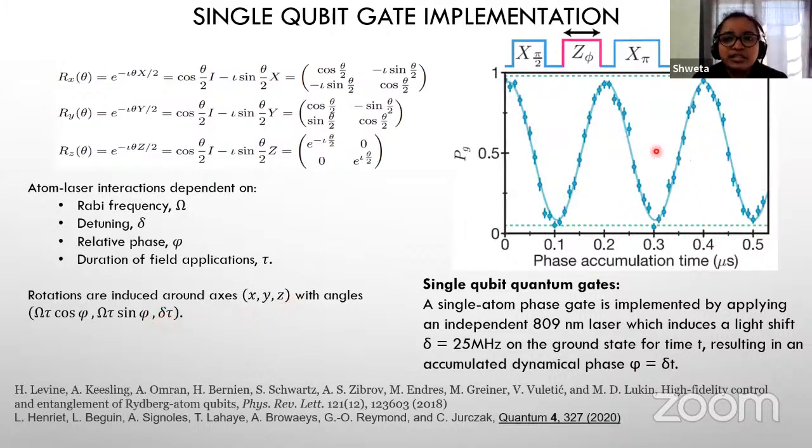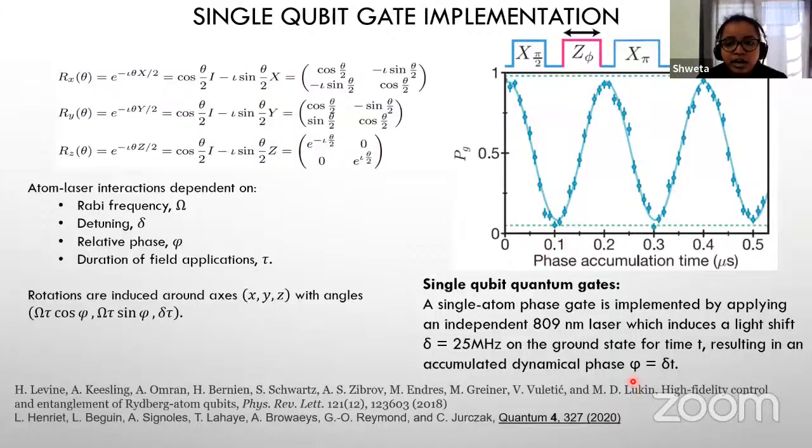Now, this example I have taken from Professor Lukin's paper. There they have shown the application of the Z phase gate. For a single atom, this phase gate is implemented by applying an independent 809 nanometer laser, which is off-resonant from the level scheme, and which induces a light shift delta of 25 megahertz for a time t, which results in a dynamical phase phi equal to delta t.